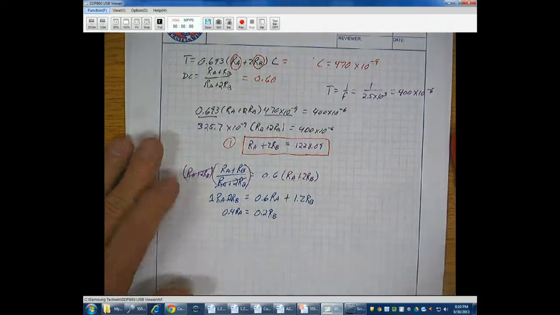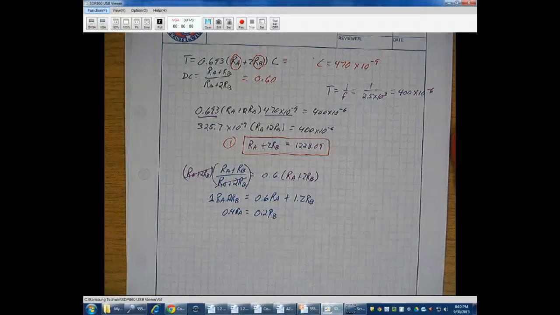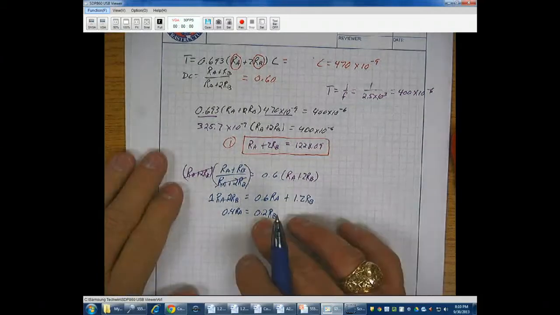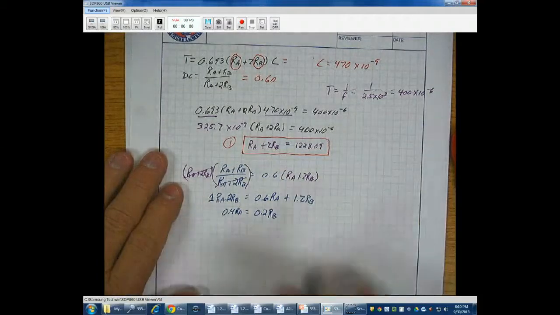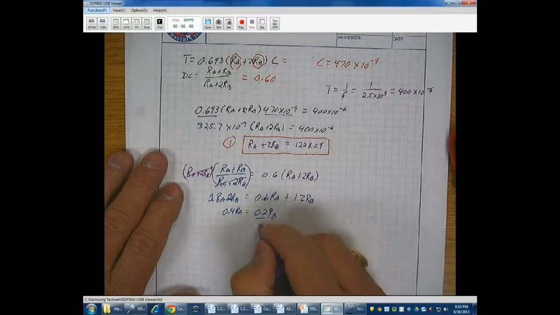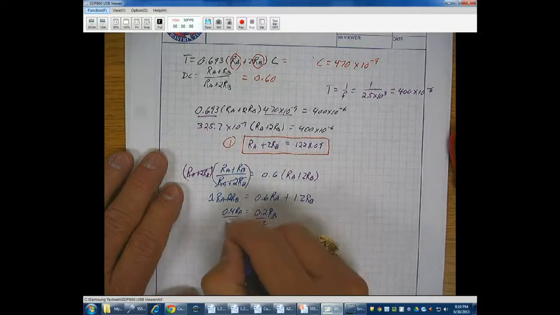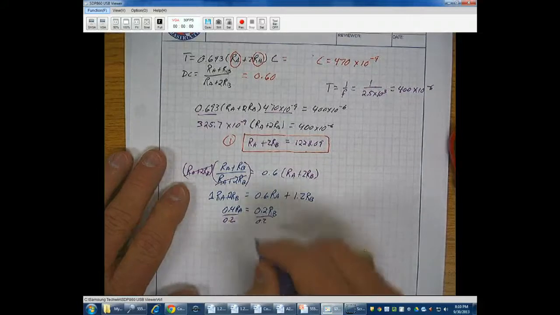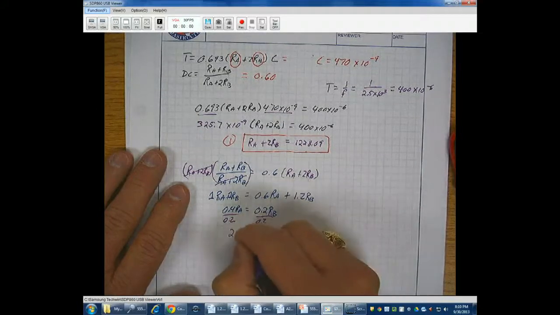And I'll divide by, it doesn't matter which one I divide by. I'm actually going to divide by the 0.2 because I want to get rid of all my decimal numbers and fractions. So I'm just going to go ahead and divide out by 0.2. And what I'm going to find is that RB is equal to twice RA.